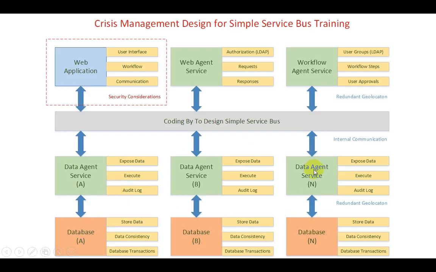And there can be many data agents with redundant co-located agents around the globe, even to hold all the information up to date and synchronize with each other. And each agent communicates with a separate database that stores data and is responsible for data consistency and database transactions if needed.